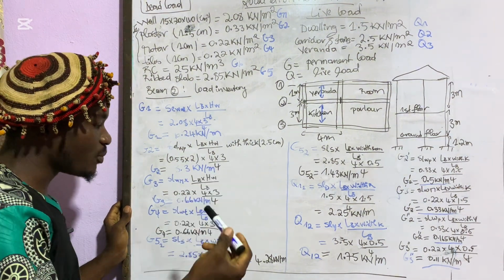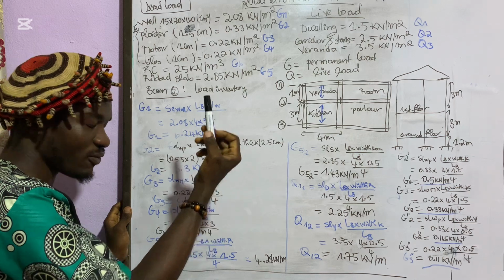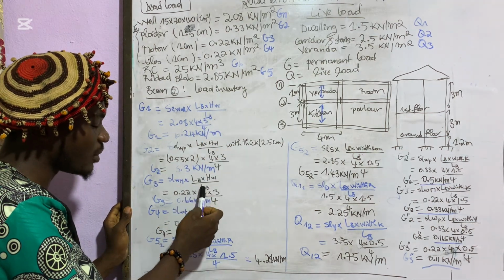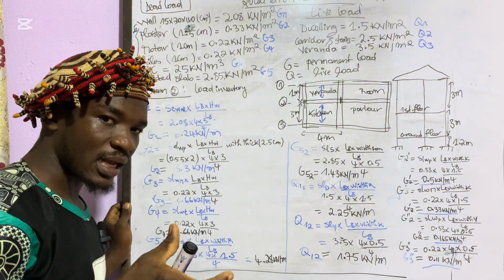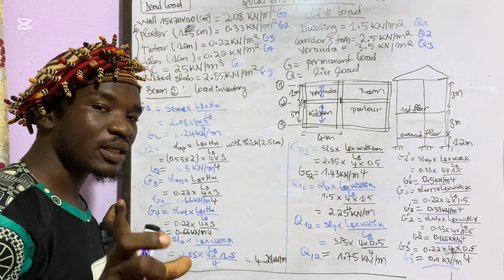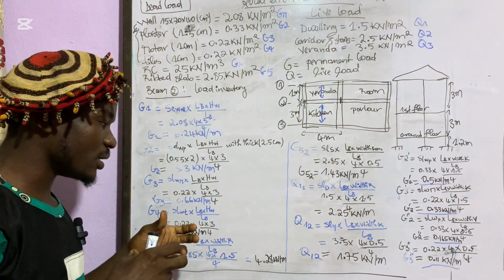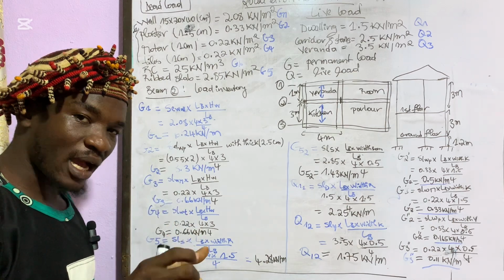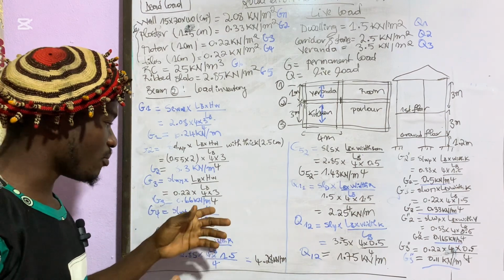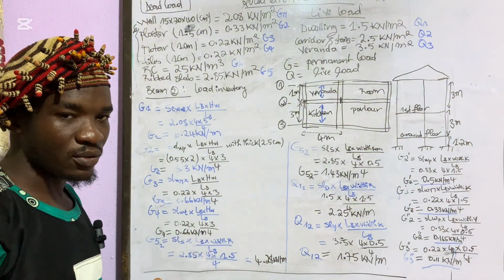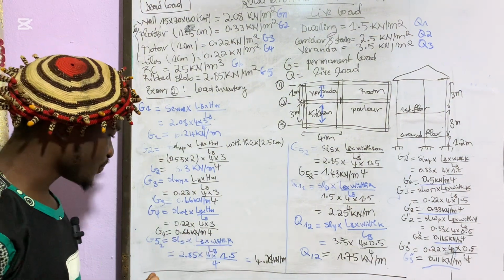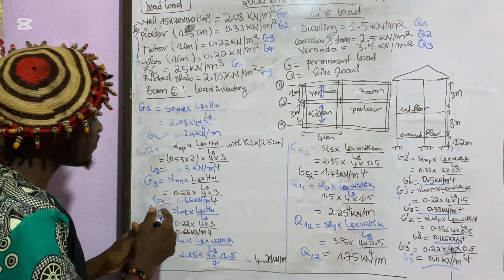Some other people would directly multiply by the height of the wall, because as you can see, every time the length of the beam is being cancelled. This is just to ease your understanding, for you to understand where the uniform load is coming from. Because if I just wrote the height of the wall, some of us might feel confused. So now we go to G4.